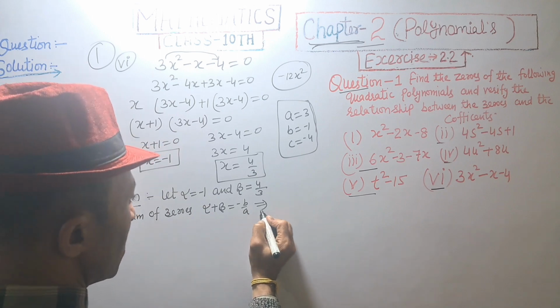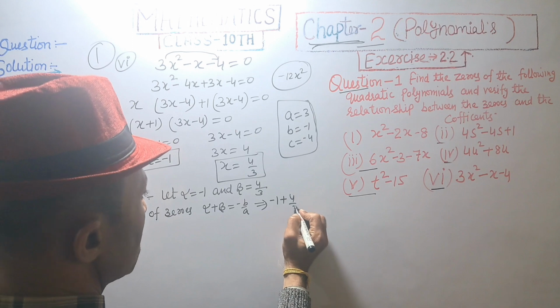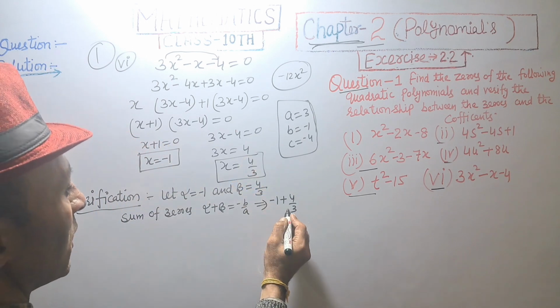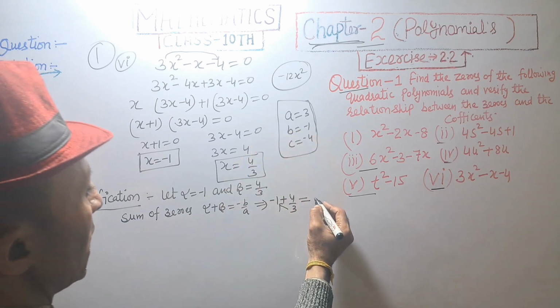This implies alpha plus beta is minus 1 plus 4 upon 3. Alpha is minus 1, beta is 4 upon 3. That is equal to minus b upon a.